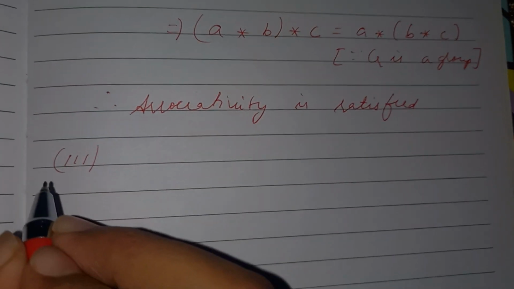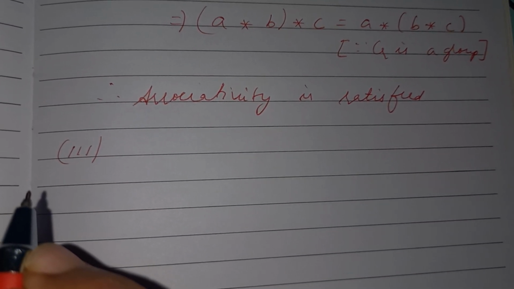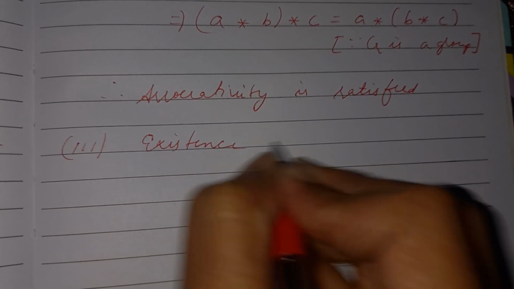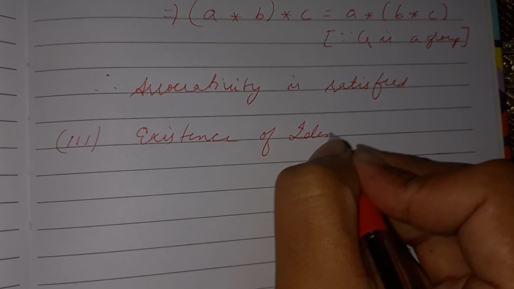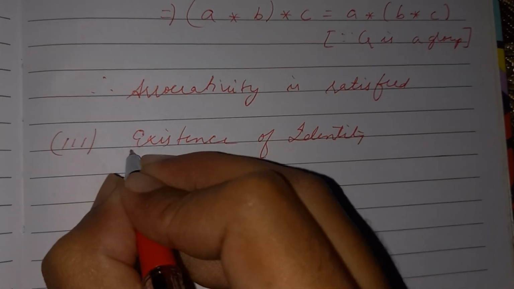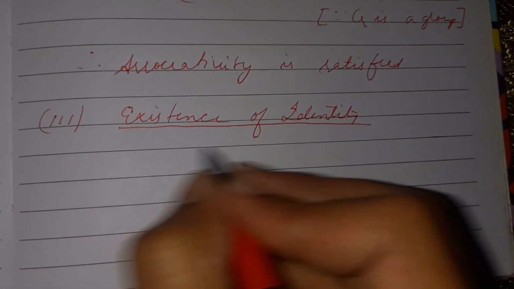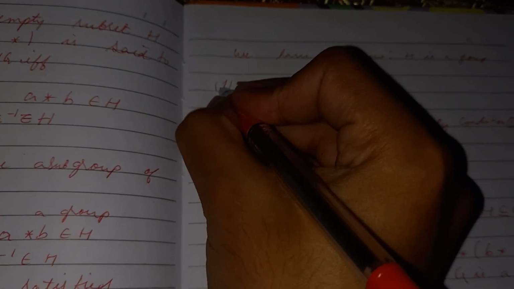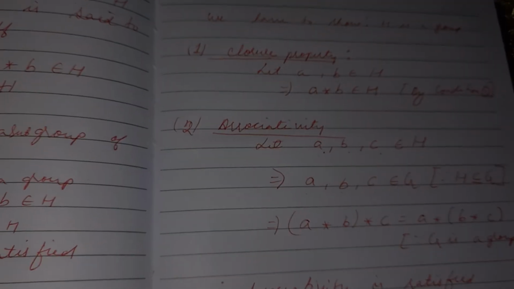Thirdly, we have to show existence of identity. Now let's put this as 1, 2 and 3 for more clarity.